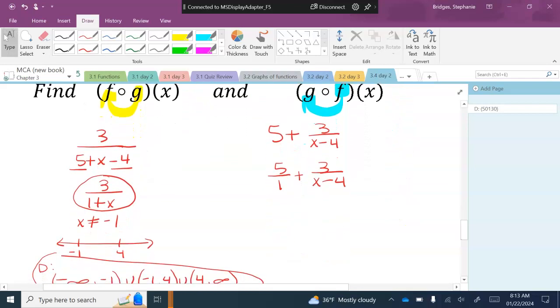If I want to be able to add those two together, what denominator does that 5 need to have? X minus 4. Okay, so we're going to multiply the top and the bottom by x minus 4. So make sure you're distributing there. So that'd be 5x minus 20 over x minus 4 now.